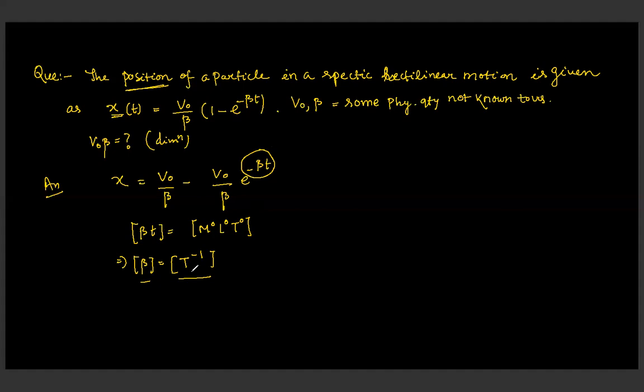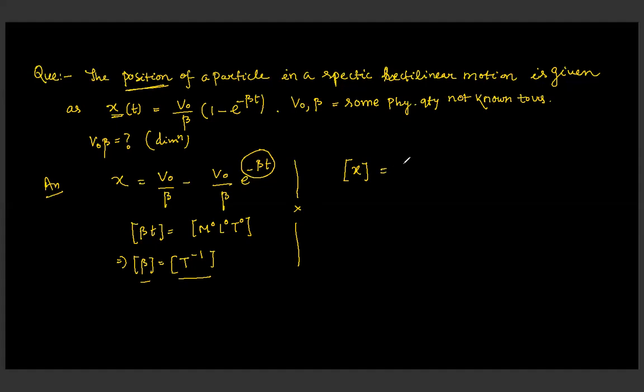Similarly, in the last class, we also studied one more property, that two or more physical quantities can be added or subtracted if and only if they have the same dimension. So we can write x minus v naught by beta plus v naught by beta e to the power minus beta t.